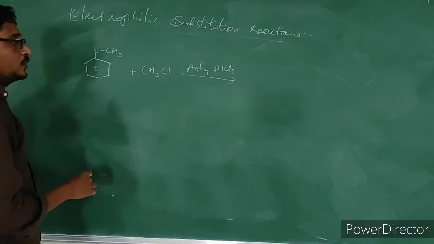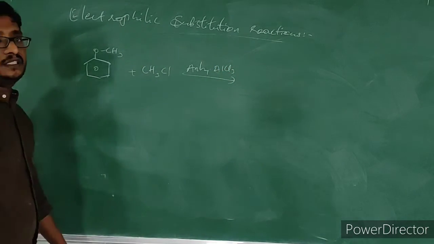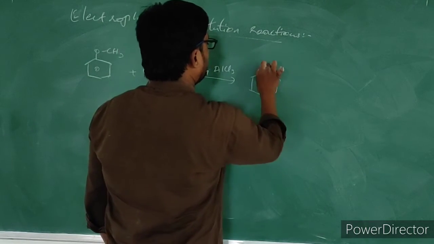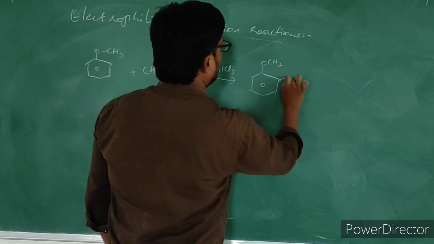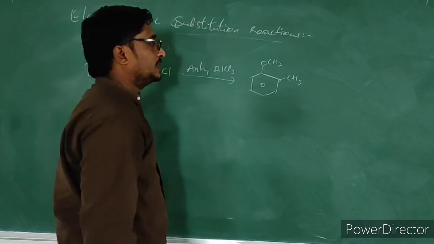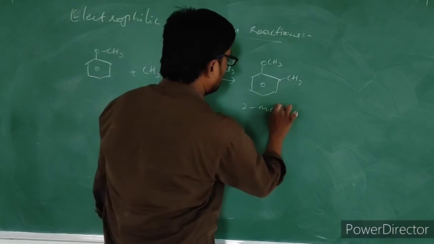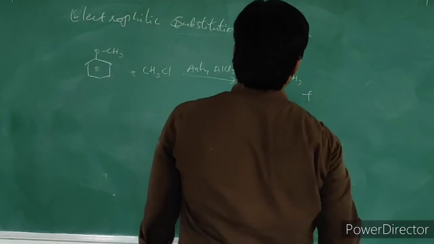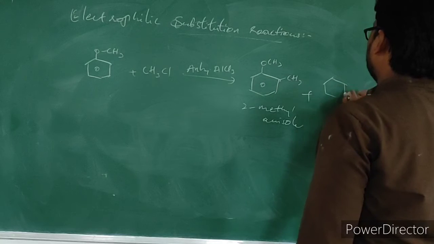Then the alkyl group gets substituted on the benzene ring. This leads to the formation of two types of products: 2-methylanisole plus 4-methylanisole.